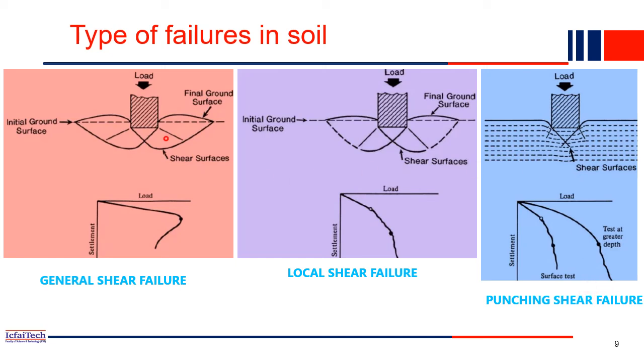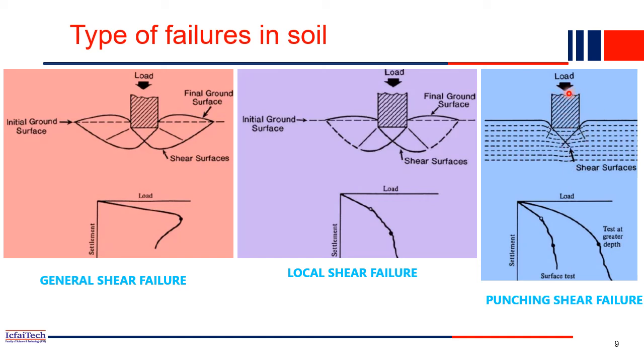Okay, so where will you find the general shear failure? When the soil is very dense, like in hard rock, or in very dense soil, you will find this type of failure, general shear failure. Whereas if the soil is moderately dense, then you will find the local shear failure. And when the soil is very loose, with no compaction done, or the soil is not dense at all, in that case punching shear will happen.